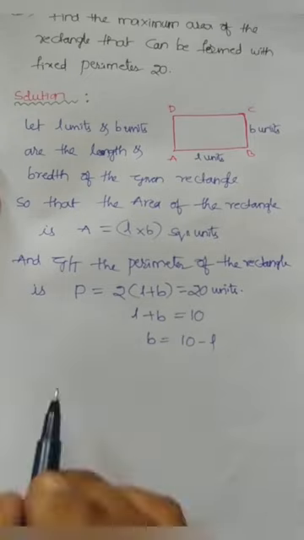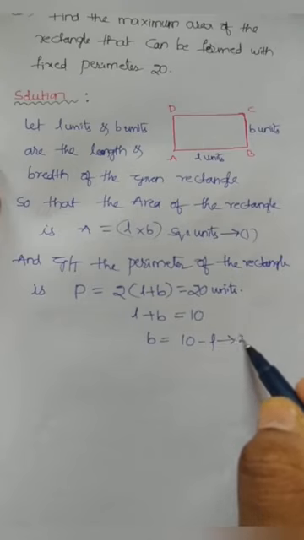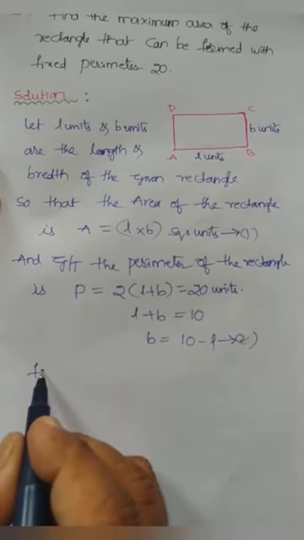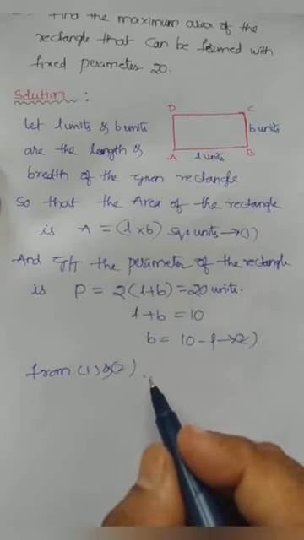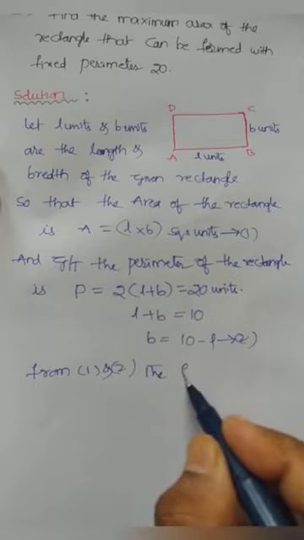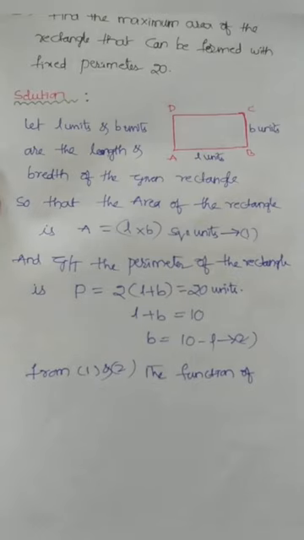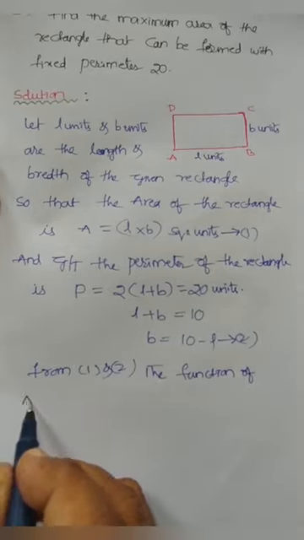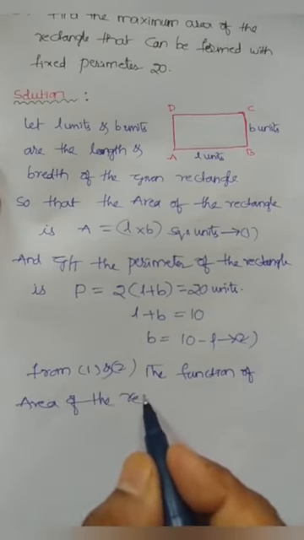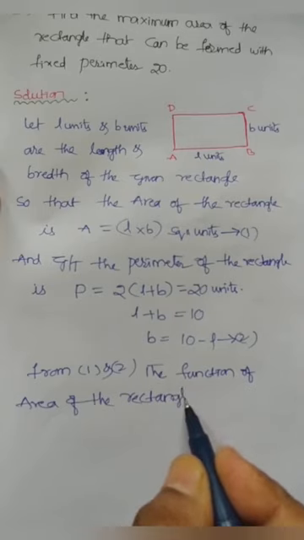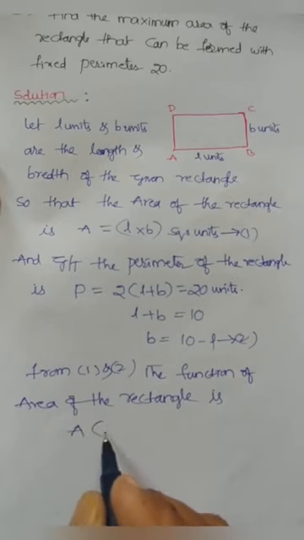Okay. So now this is equation number 1 and this is equation number 2. From 1 and 2, the function of the area of the rectangle is, now the area comes in terms of L only.